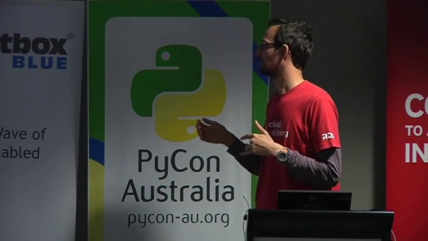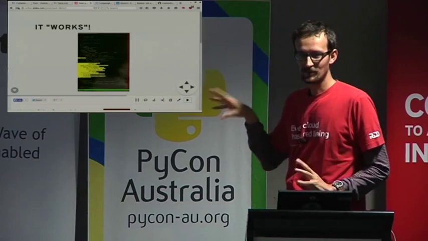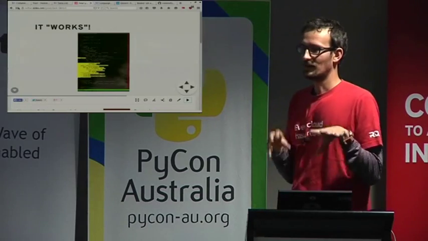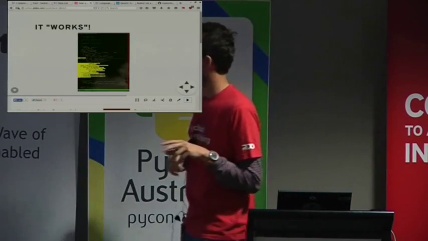So that brought me to my first Python program, or my first implementation. With my limited understanding of a graph, what I basically did was track names and variable names across the source code. I know it's really small, but I'll show a quick demo in a few minutes.